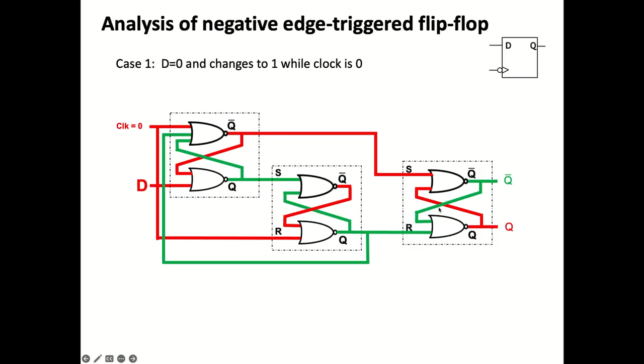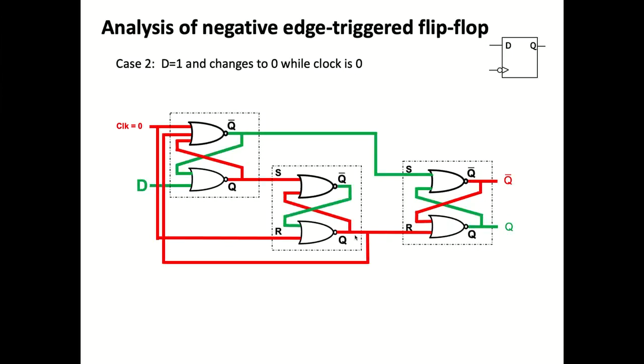Now if we make D 1, you see that it doesn't do anything. It doesn't get anywhere. Q bar still stays low, and Q still stays high. Okay, let's try the opposite case. D is 1. So if we make D go 0, this actually is going to cause a small change, but this is still going to be high.